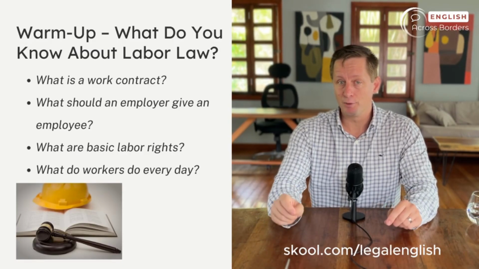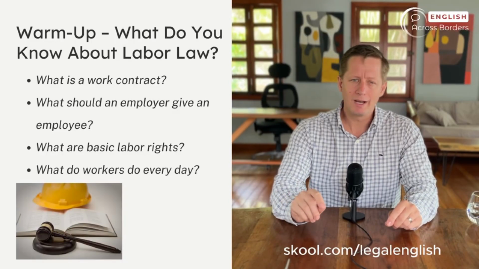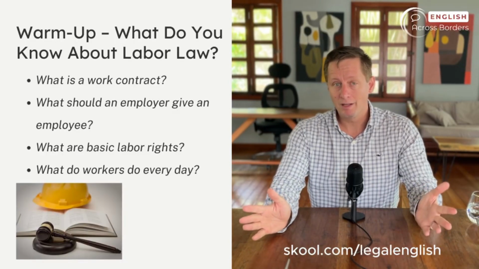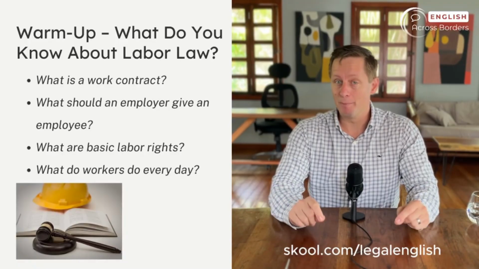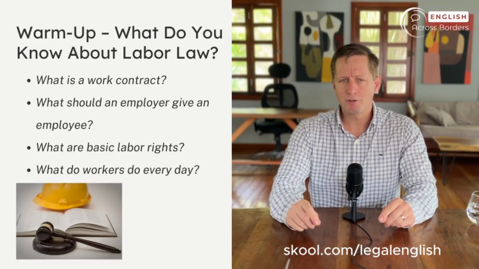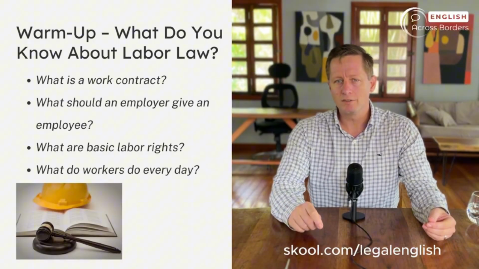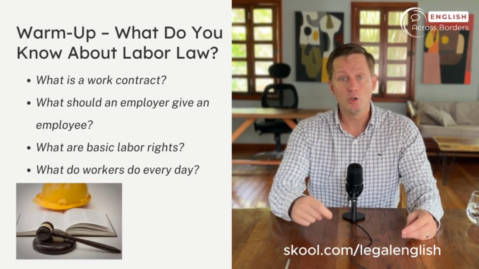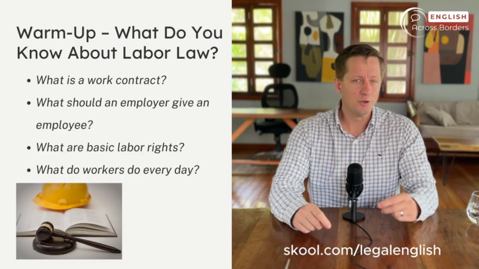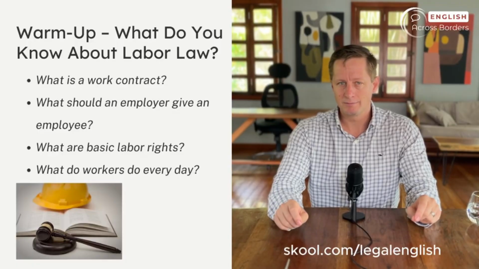These are labor rights. And what do workers do every day? Well, that depends. They might serve customers, use computers, drive trucks, or work in a factory. These questions will help you connect your own experience to the new vocabulary and grammar you will learn today.